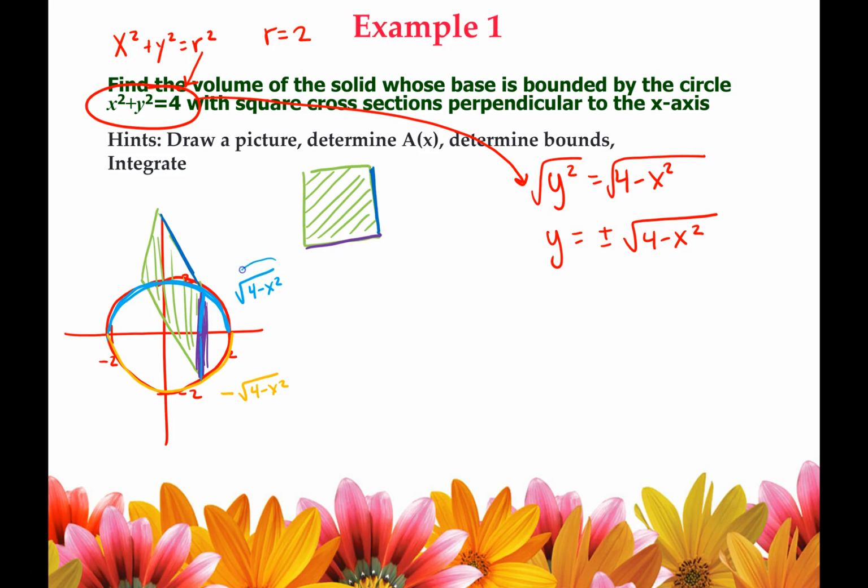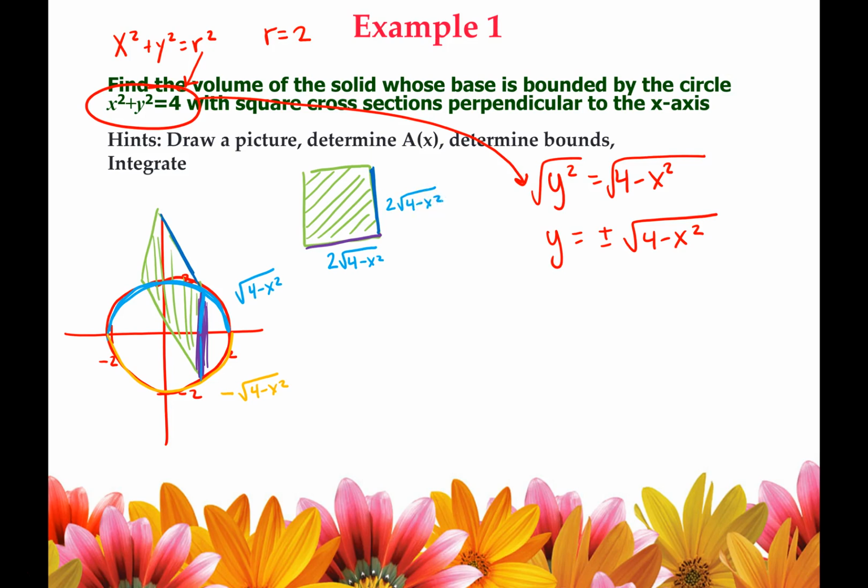So this represents 2 times the square root of 4 minus x squared. And of course, the height of our square is going to be the same thing as the base, because by definition, it is a square. So this is going to be 2 times the square root of 4 minus x squared.